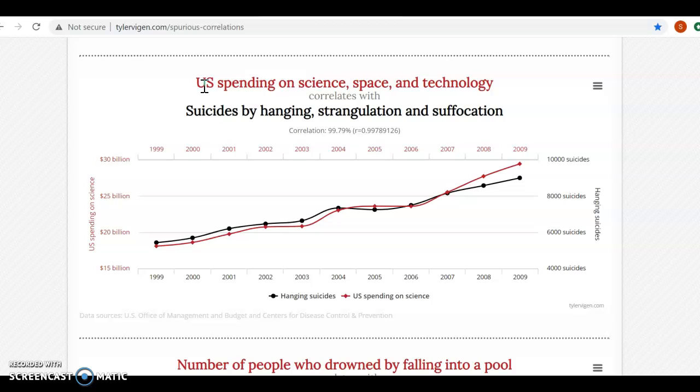So the more money we spend on science, the more suicides. You can see it's definitely a correlation, but why? Well, there have got to be some other lurking variables here. So it's not causation. Spending more money does not cause more suicides. That's what I mean by causation. There's a correlation because of other things that are occurring.